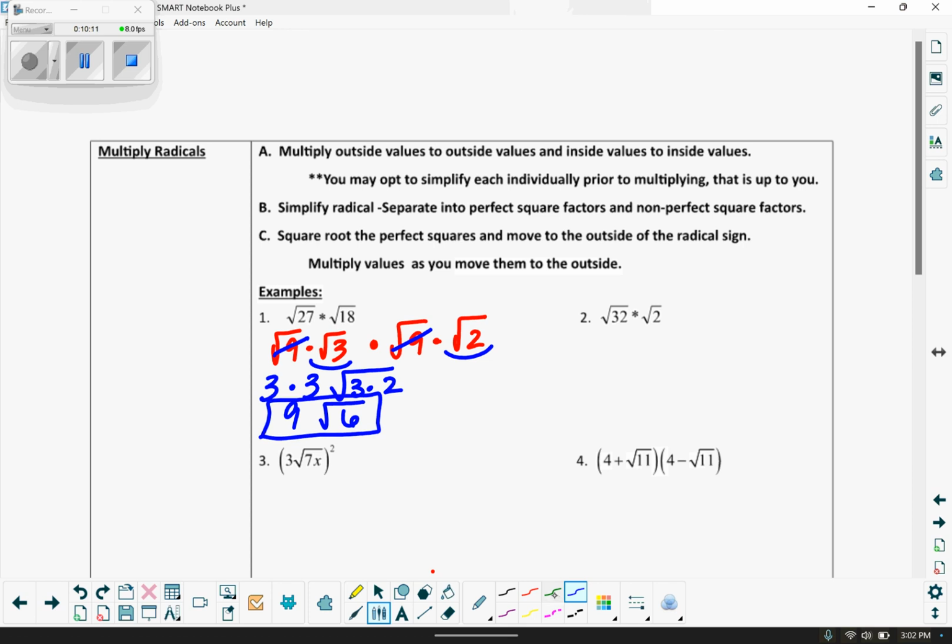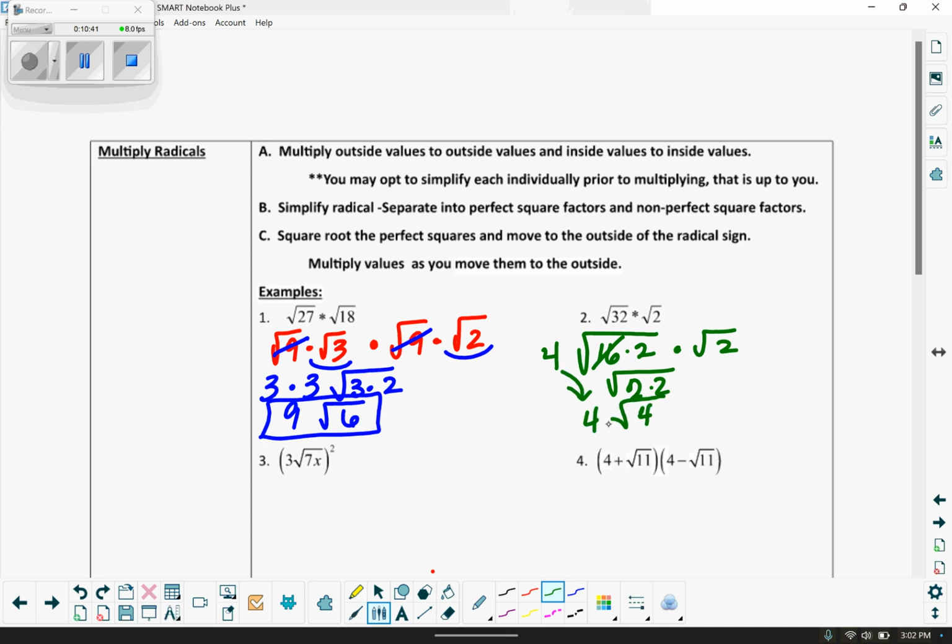32 kind of works the same way. For 32, I'm going to say 4 does go into it, but it would be 4 and an 8, and I know 8 still breaks down by another 4. So let's try 16. 16 goes into 32 2 times, and then I still have a radical 2. So the square root of 16 is 4, and then this would be the same as 2 times 2, which is also 4.